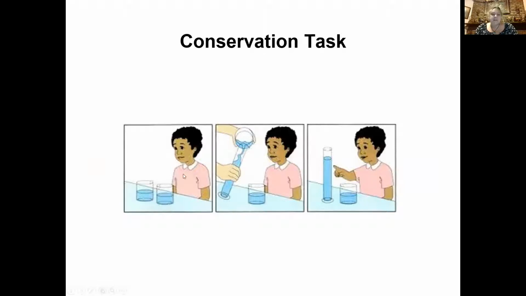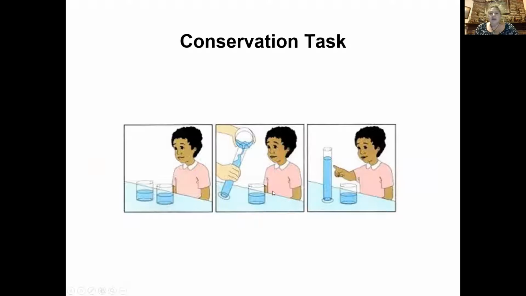In this first illustration, we would ask the child, hey, do these cups have the same amount? Are they the same or are they different? And the child would say in this first illustration, oh, they're the same. They have the same amount.